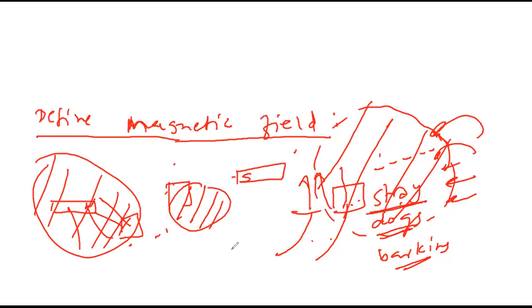Clear? So the space around a magnet in which another magnet placed experiences either attraction or repulsion is called magnetic field.